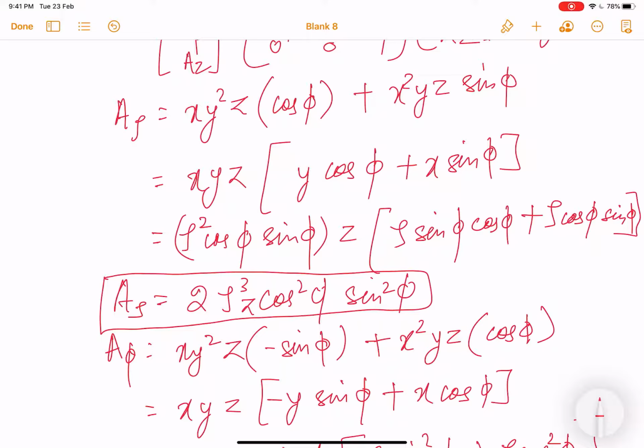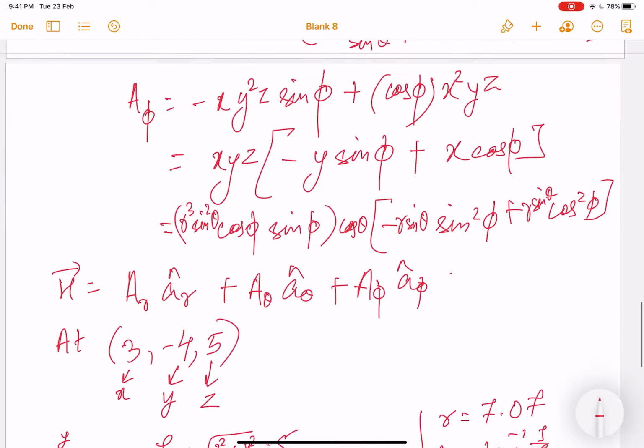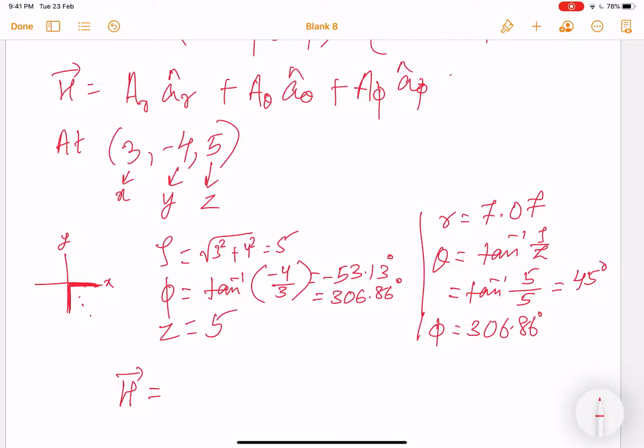What is your rho that you got? 5, I guess. You got 5, and this phi is important. Rho and z are both equal, 5 and 5, and this angle is 306.86 degrees.